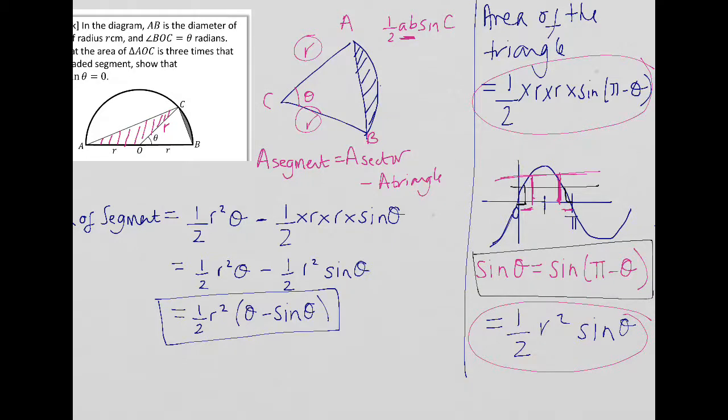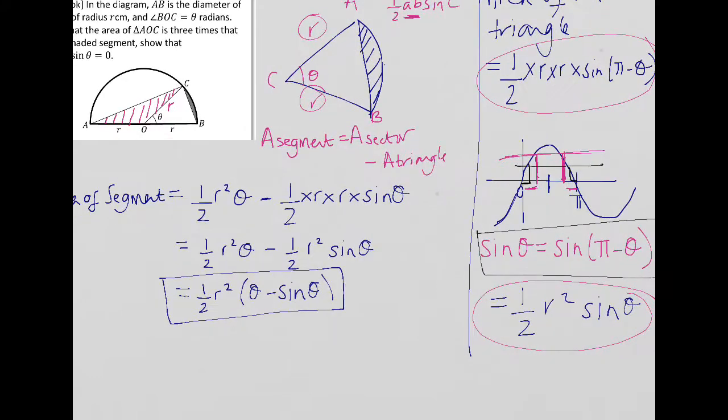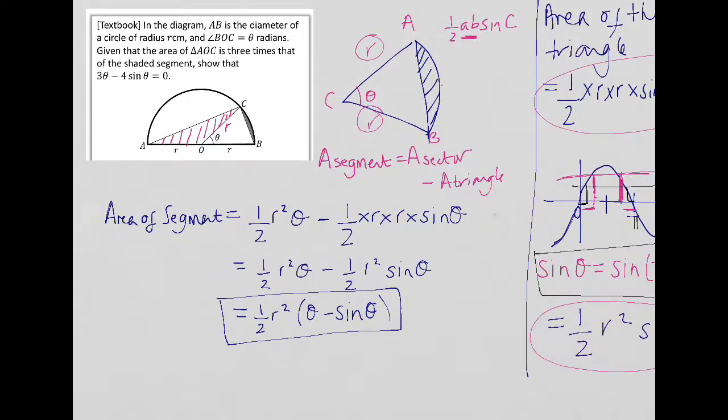So now this is the area of the segment and this is the area of the triangle here in pink. Now I need to read what was I actually asked to do. So given the area of AOC, this pink triangle is 3 times that of the shaded segment, show that.